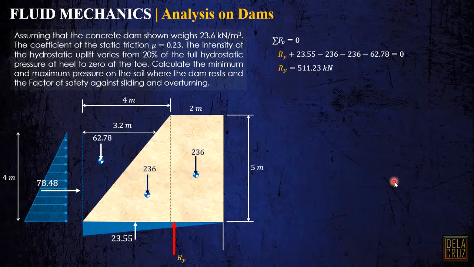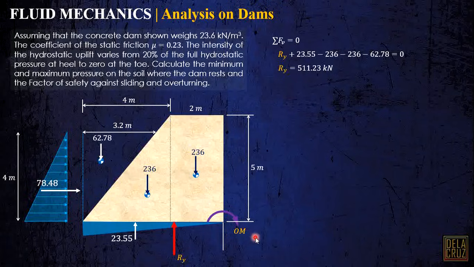Now, after we got this RY, what else do we need to get? The overturning moment and also the righting moment. Let us do the overturning moment first. From the word overturn, what will cause the overturning? In this one, that will be clockwise moment. So, what are the clockwise moments here? That is due to this, the hydrostatic uplift and the hydrostatic force.